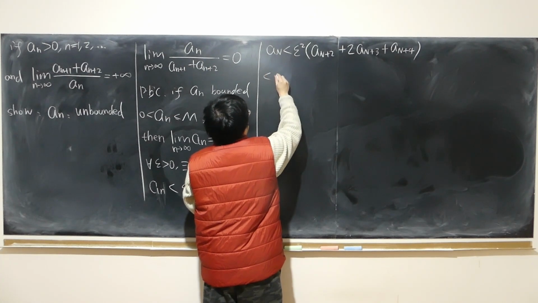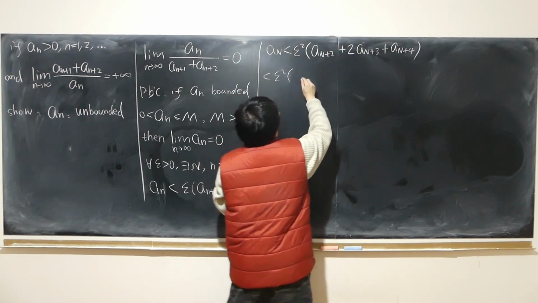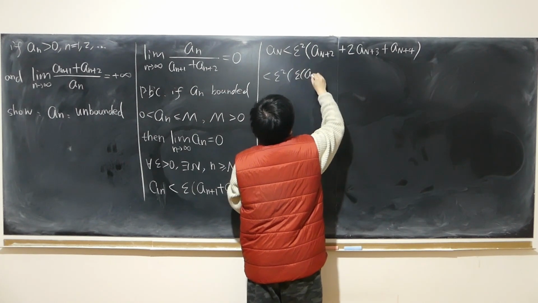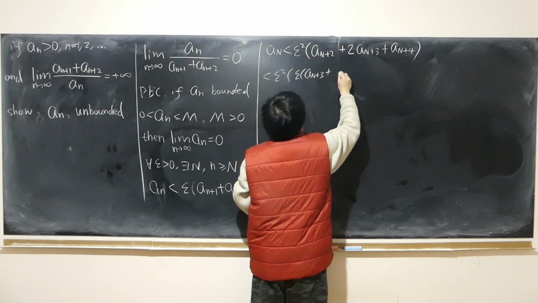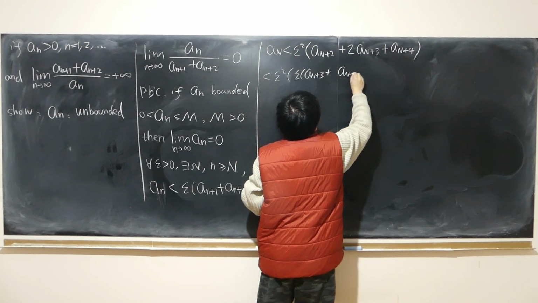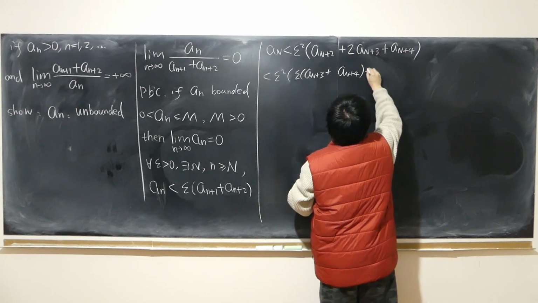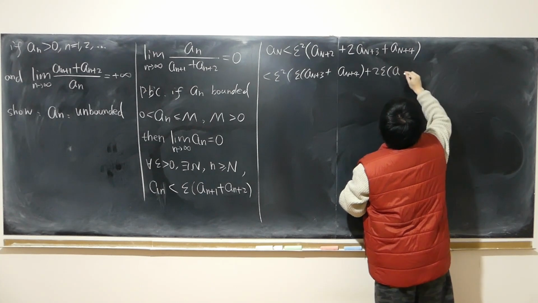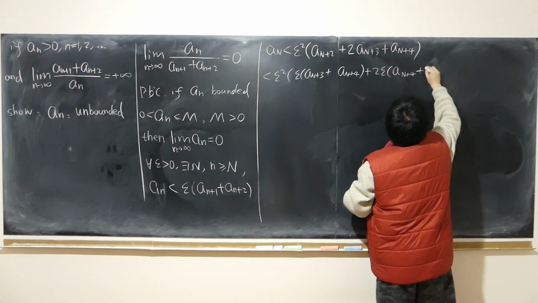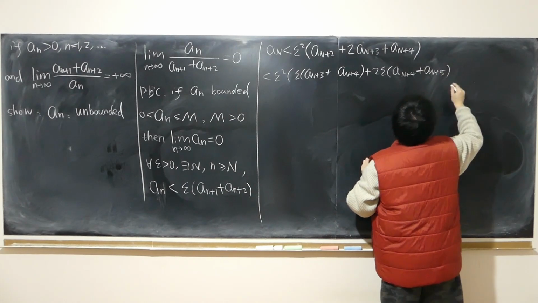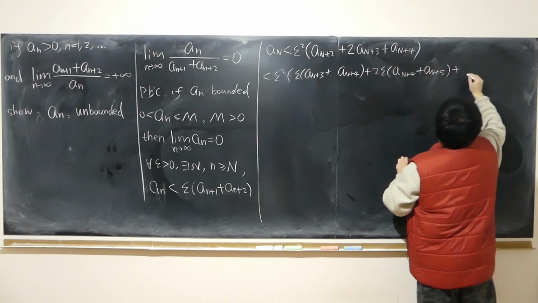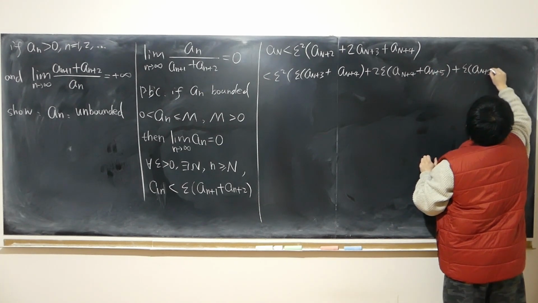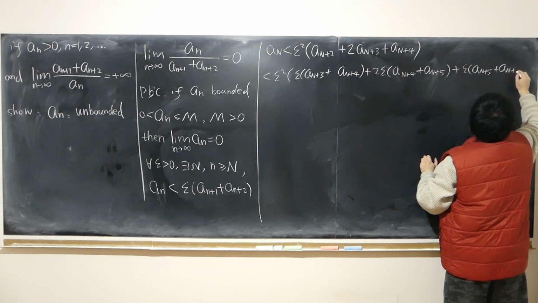This is less than epsilon squared times, this can be loosened by epsilon times (a_{N+3} + a_{N+4}). This can be replaced by 2 epsilon times a_{N+4} plus a_{N+5}. This can be loosened by epsilon times a_{N+5} plus a_{N+6}.